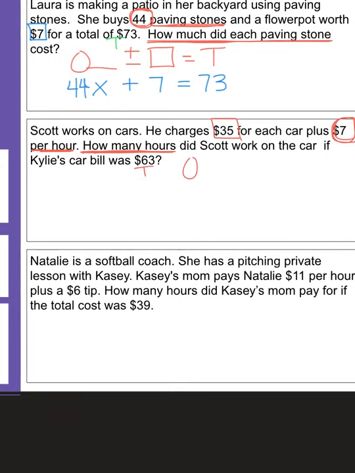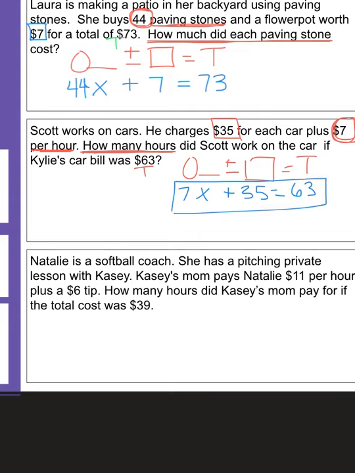So when I fill this in, I have circled is $7 times the number of hours we don't know plus the charge for each car equals a total of $63. There's my equation right here. And X is number of hours.